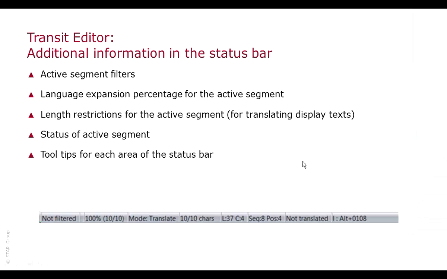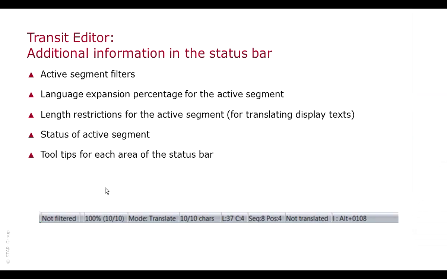You can see if you have a filtered view at the moment, if you have an active segment filter, then you can see the language expansion percentage for the active segment. Then you can see the length restriction for the active segment.